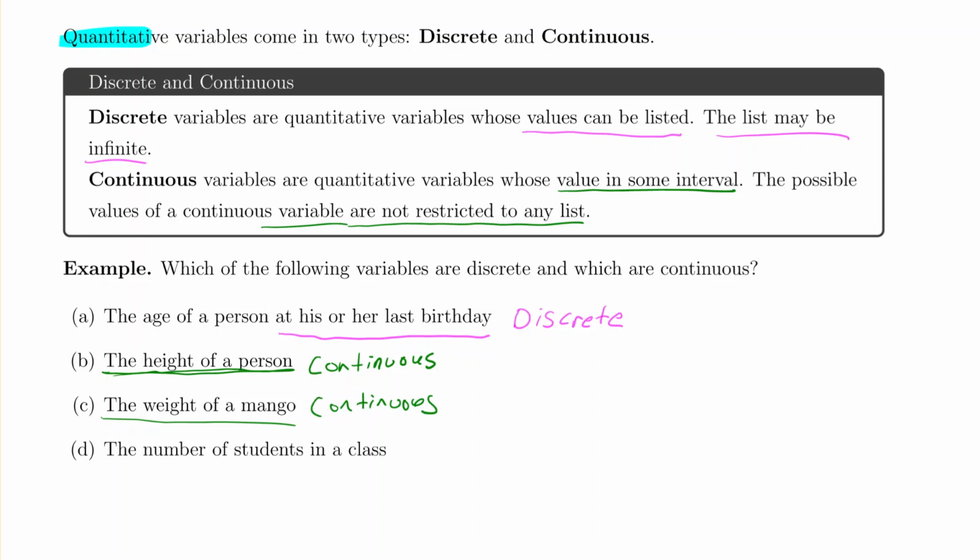It can be 16 ounces, 16.001 ounces, 16.002 ounces. We cannot list them. They're unending decimals. It's possible to have all those values. We're not talking about probability here. That's why it's continuous. Number of students in a class. Here we can count them, or they can be listed. We can have 1 student, 2 students, 3, 4, 5, 6, 7. Therefore, it's discrete.